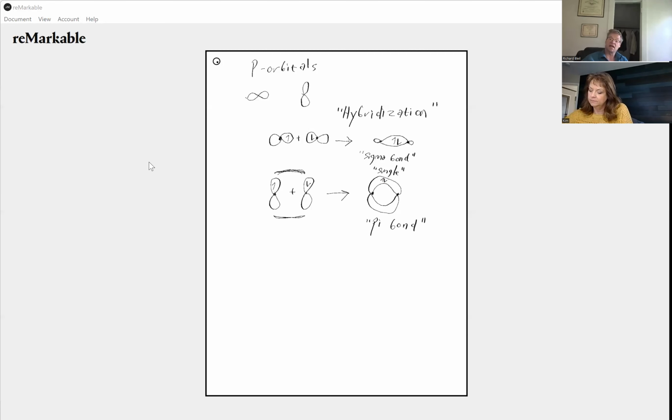A double bond, like our oxygen, will be comprised of one sigma bond and one pi bond. The first bond is always, always, always a sigma bond. The first bond is always the bond that occupies the space between the two atoms. So if you have a double bond, you have a sigma bond plus a pi bond.